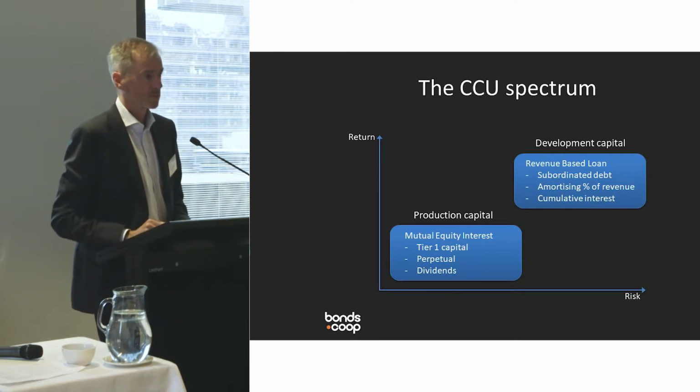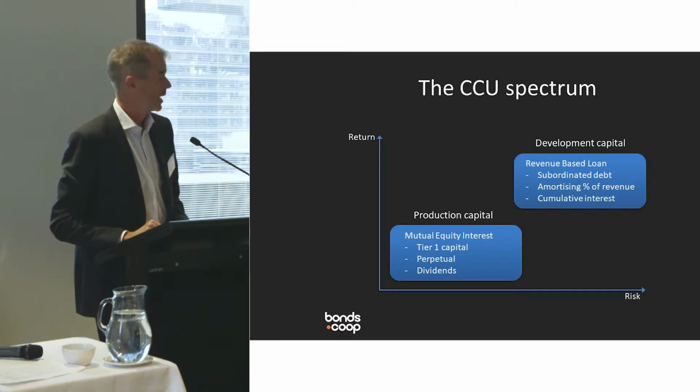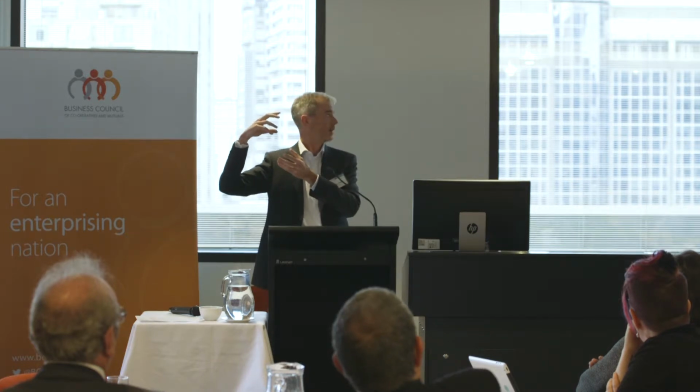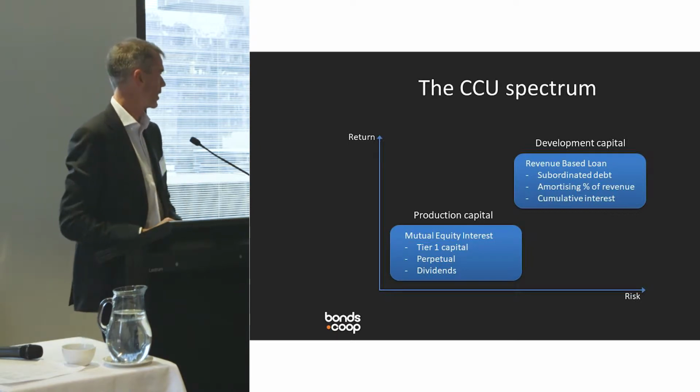It amortises as a percentage of revenue, and may be subject to a minimum revenue level. And to avoid acceleration rights, to avoid events that give rise to credit events where there's stress placed on the cooperative, interest might be cumulative. So what we're trying to define there is a structure that would work for a higher risk proposition, if you like, in terms of the underlying operations.